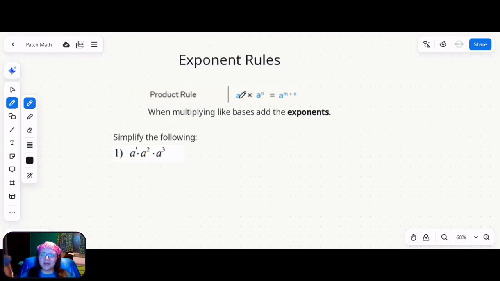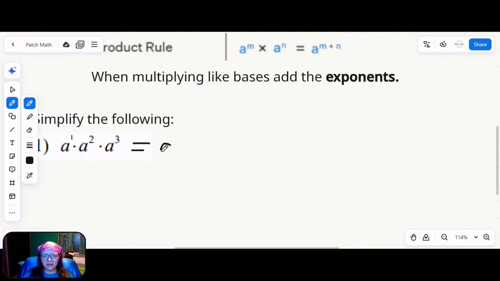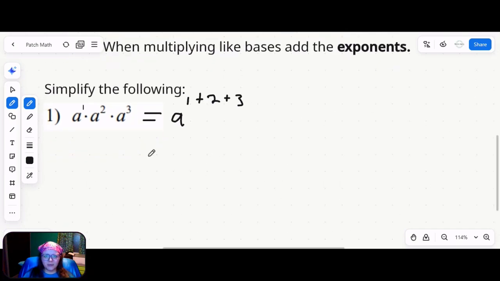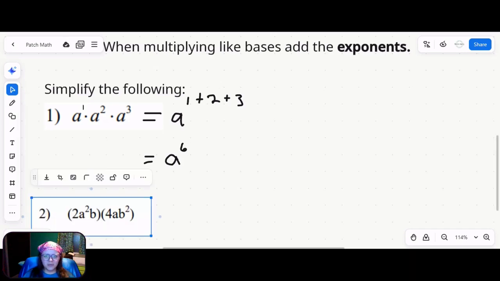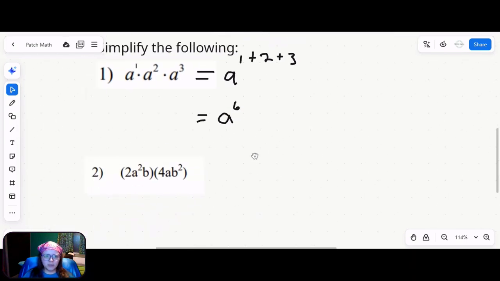If we are applying the product rule to a to the first power times a to the second power times a to the third power, that is simply a to the 1 plus 2 plus 3 power. And if we simplify that on down, we get a to the 6th power.